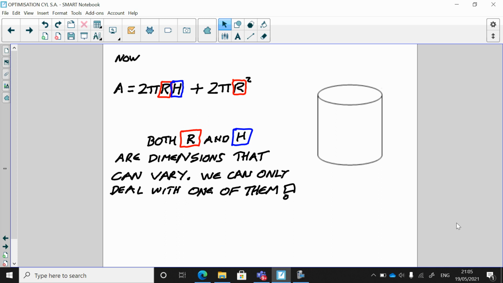Okay, so we've got a problem here. We can't have both the radius and the height in the one expression here. We can only cope with one of them. Right, and which one is that going to be? And why?